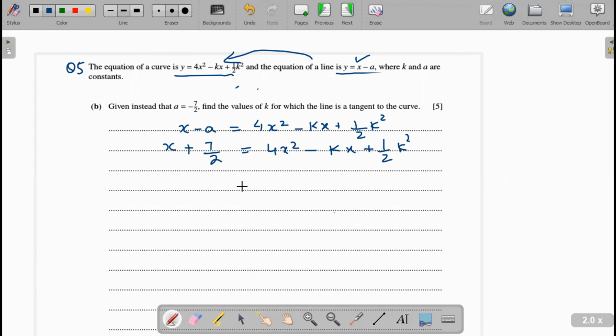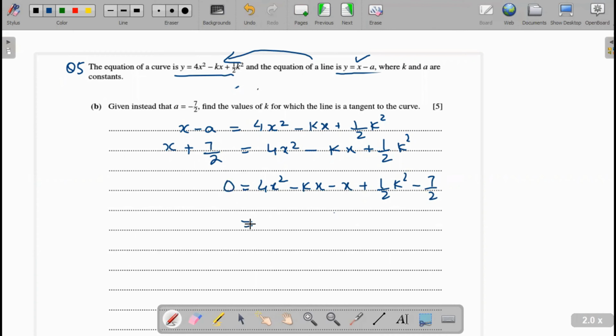Now here we see 4x square minus kx minus x plus 1 over 2 k square minus 7 over 2 equal to 0.